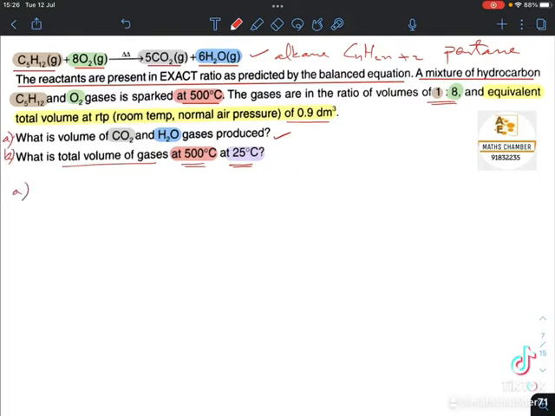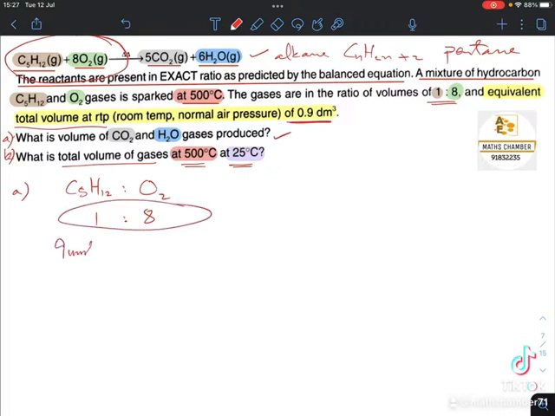So for part A, we have your pentane, C5H12. The ratio with respect to your oxygen is 1:8 from the given chemical equation. The total volume at RTP is 0.9, which means the total is 9 units. So 9 units equal 0.9 cubic decimeter.